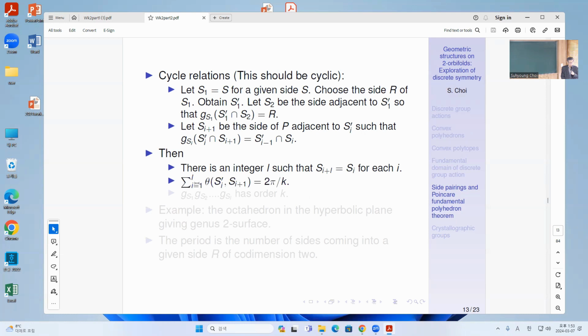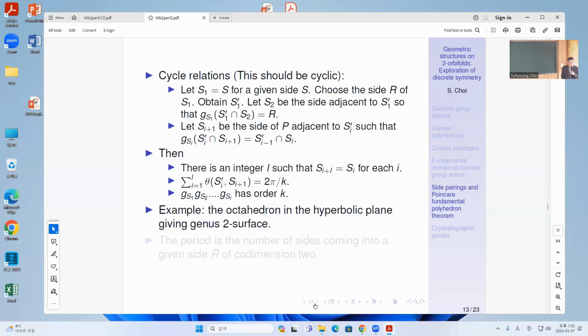And then if you add up these angles between these sides, so these are the edges we chose, this angle has to be 2 pi divided by k in the case of a discrete group. And G S1, if you multiply the side pairings, this is going to be order k. Okay, so that will give you some relation.